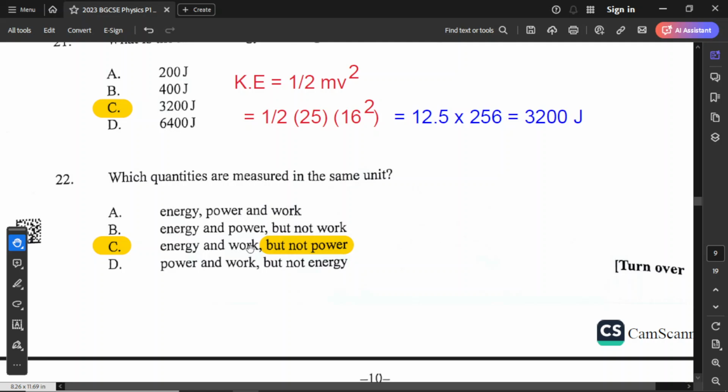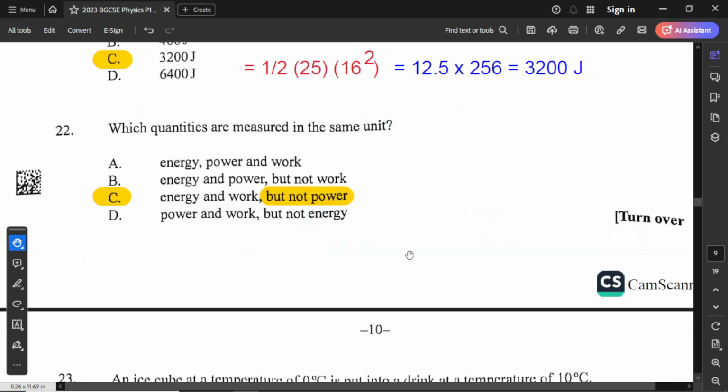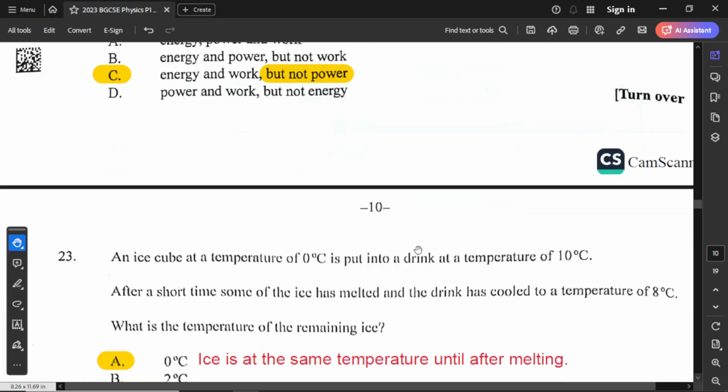Energy and work are measured in joules. Energy, work, and power? No, because power should not be included in this. So C is the correct answer, not power. That's very important. This is the reason why I like this question, because it almost plays a trick on my mind as well. Energy and work are the same, but not power. Power is wattage, while energy and work are in joules.